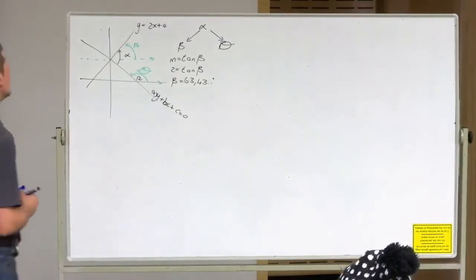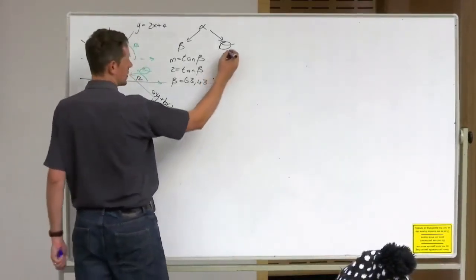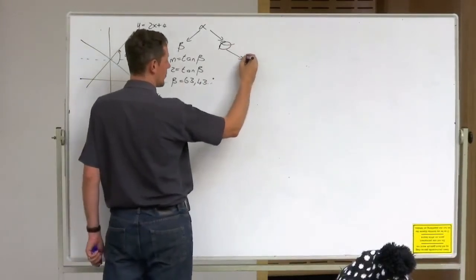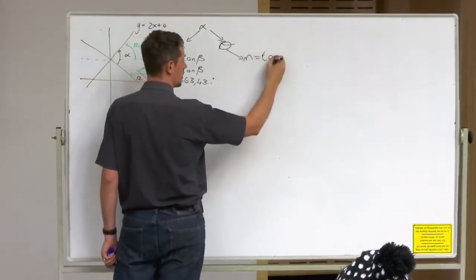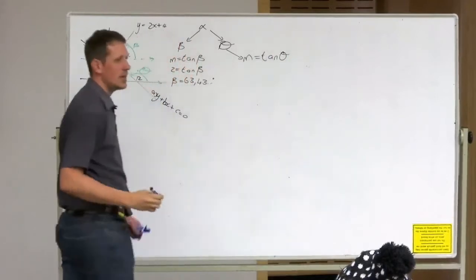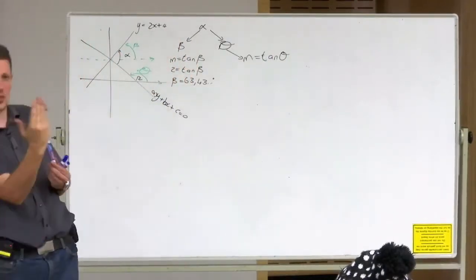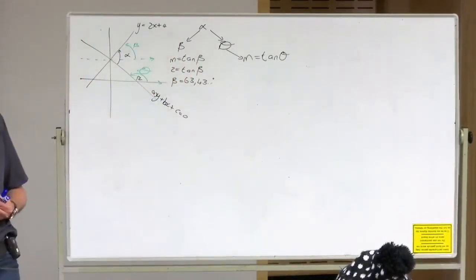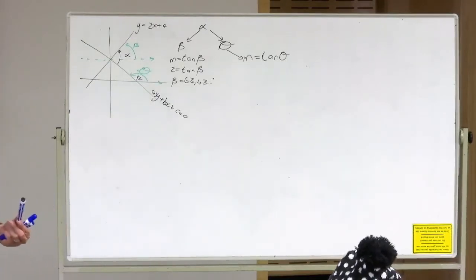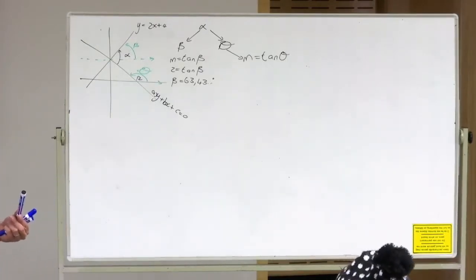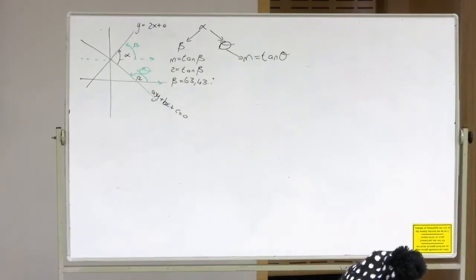Okay? Then if I go towards theta, I want m is equal to tan theta. But now I come up against another mountain, because I don't have m. I don't have theta. So now, the moment I hit a mountain, I go, okay, but how?